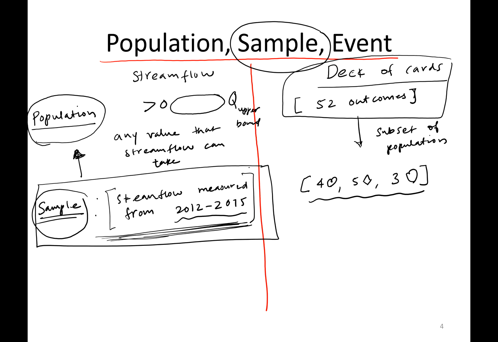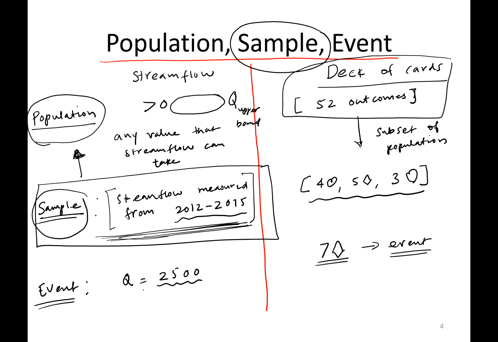And then finally, event. With a deck of cards, if you pick, let's say, a 7 of diamond, that becomes your event. Or you pick another card, that becomes an event. In hydrology, we cannot say Q of 2500.